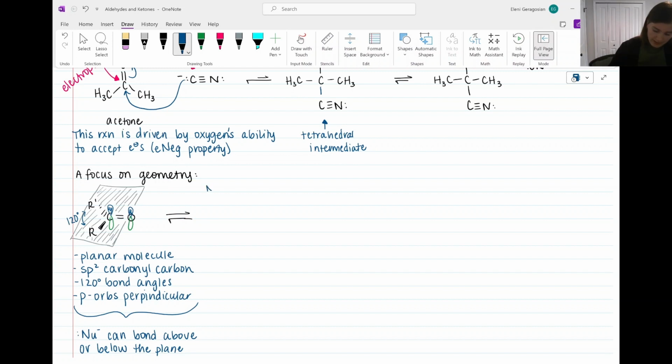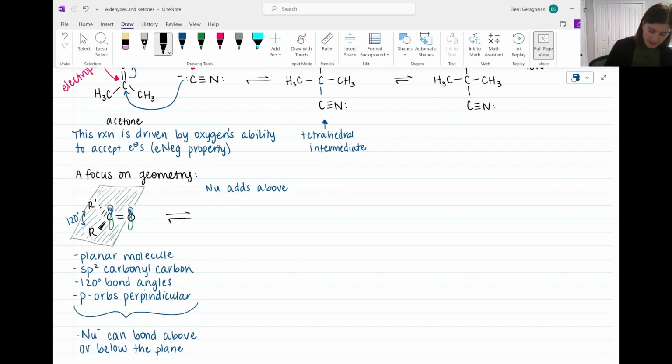So let's do a nucleophile adding above. So we have the plane that the molecule is in, I'll use this hand, plane that the molecule is in, the nucleophile comes and adds above the plane that the molecule is in, it'll kind of shift those bonds to the oxygen and R groups down.